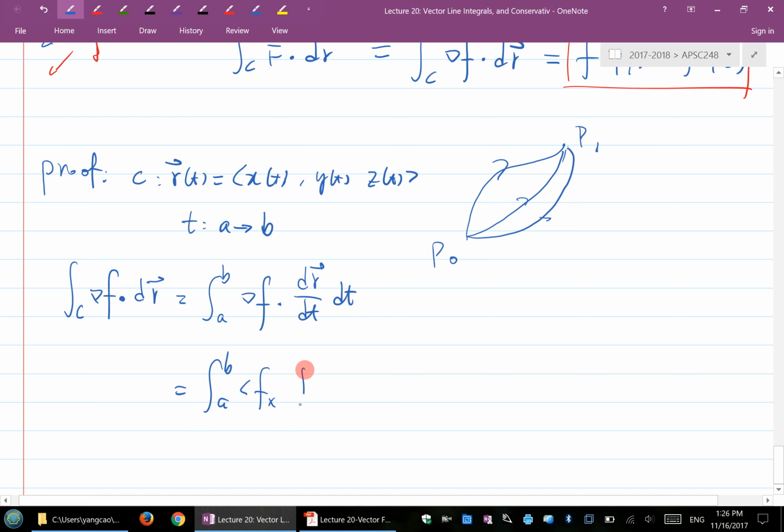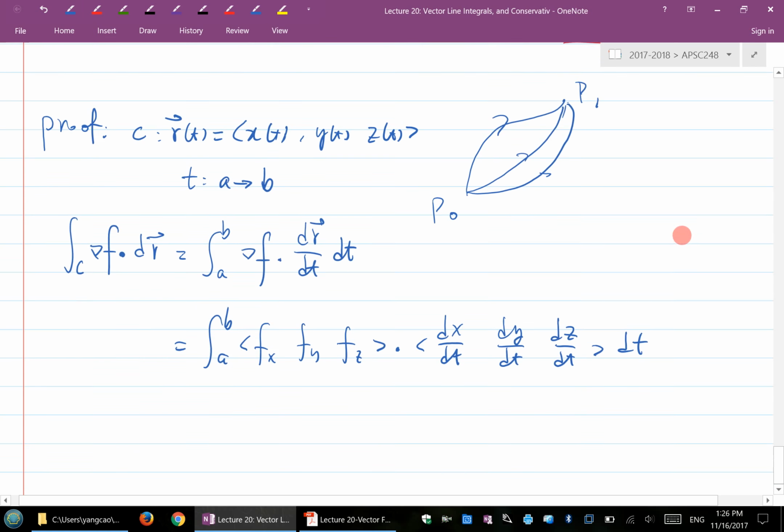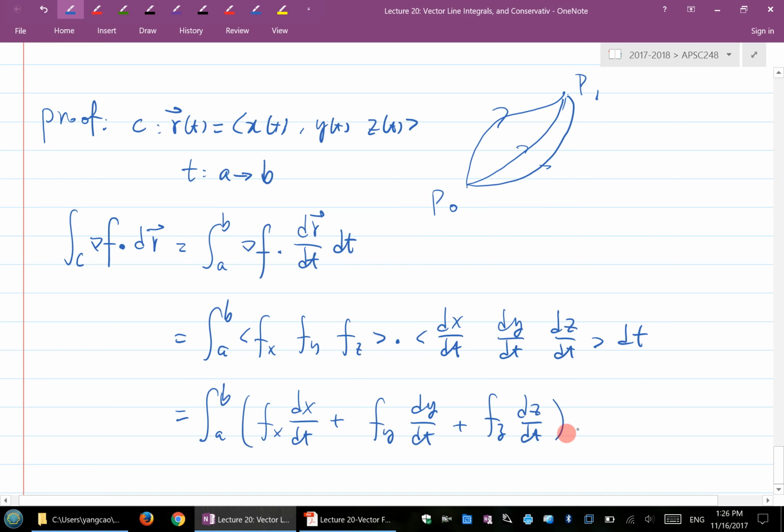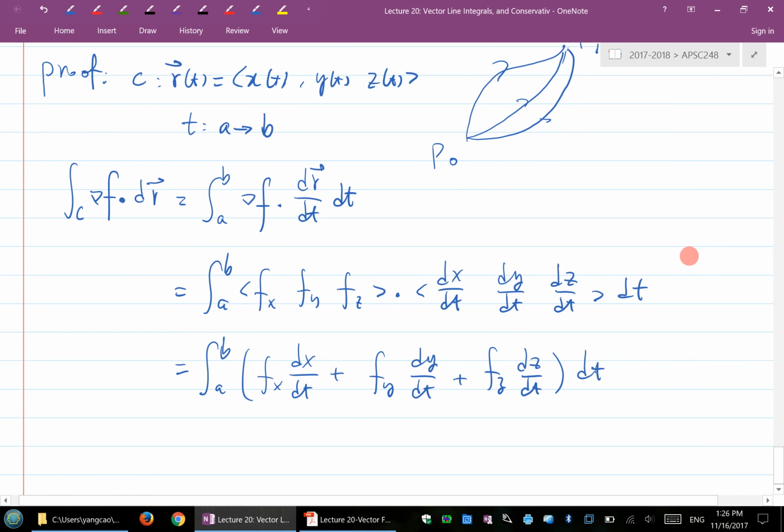Expanding this gives fx, fy, fz, dotted with dx over dt, dy over dt, dz over dt, times dt. And expand this dot product: you get fx dx over dt plus fy dy over dt plus fz dz over dt, times dt.